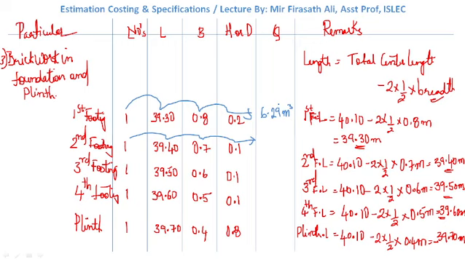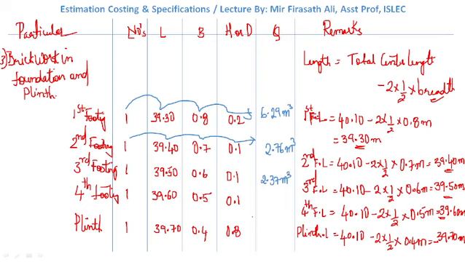The second one, 1 into 39.40 into 0.7 into 0.1, gives 2.76 meter cube. The next one, 1 into 39.50 into 0.6 into 0.1, gives 2.37 meter cube.